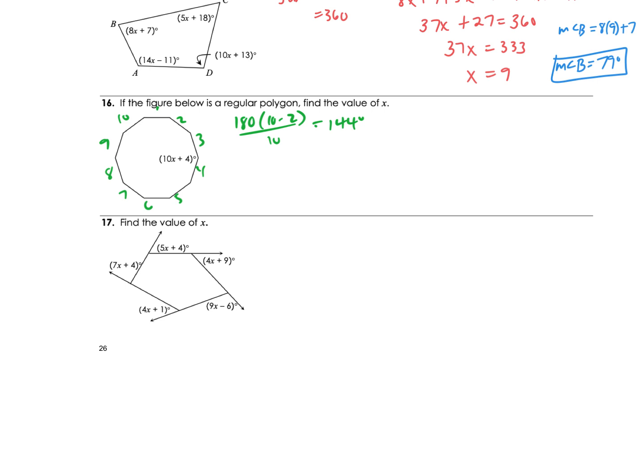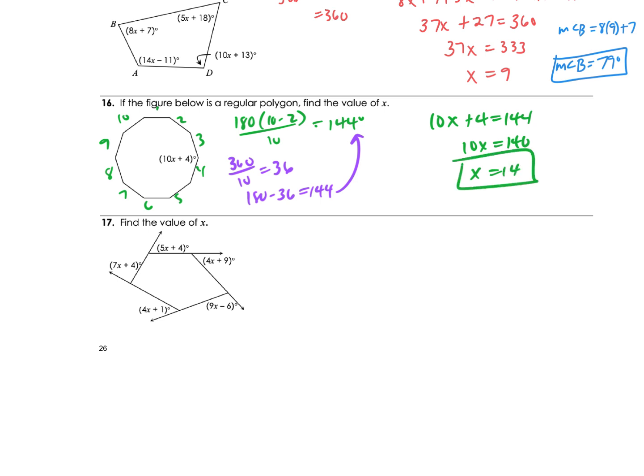Or, if you wanted to, 360 divided by 10 is 36. 180 minus 36 is 144. Those numbers are always going to be the same, as long as it's a regular polygon. And now we know that 10x plus 4 equals 144, and x equals 14.